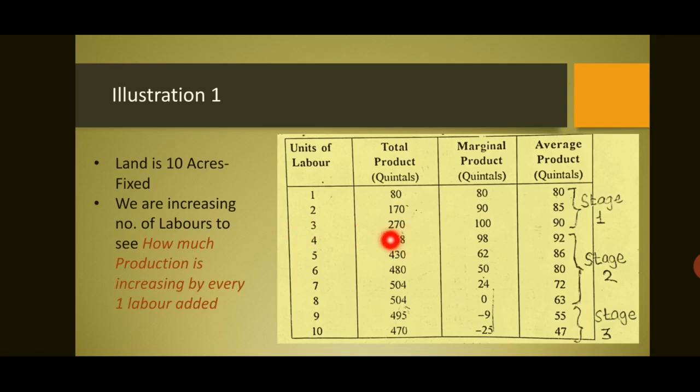So total product minus previous total product is equal to marginal product. How much margin added and how much production is increased by every one labor added. So it is 100 units increase between second and third labor.